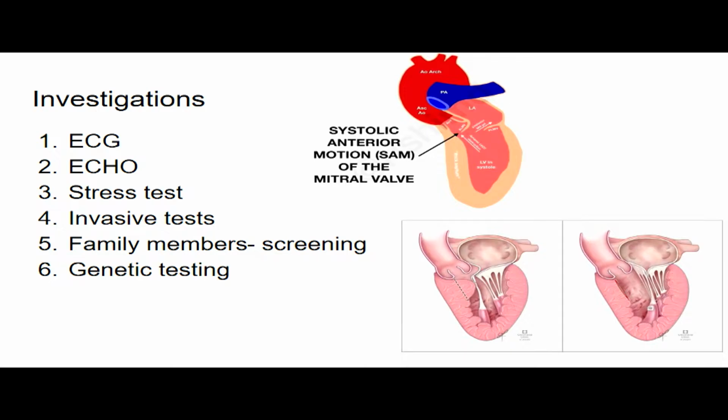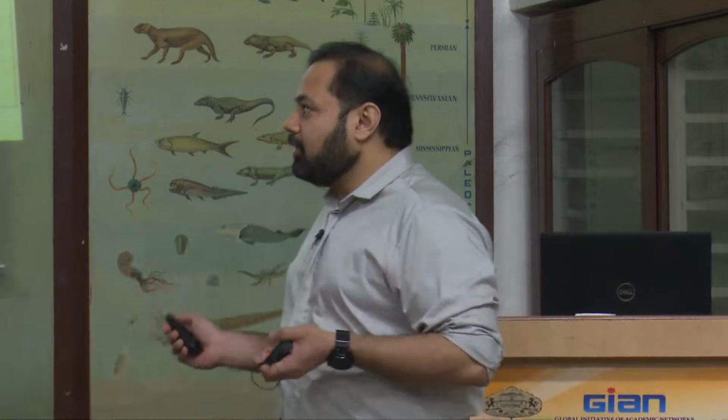After that, the aortic valve will open once the pressure in the LV cavity is more than the aortic pressure, approximately 120. We know our blood pressure is approximately 120 by 80, so the aortic pressure will be 120. Once, by contraction of these muscles, the actin-myosin filaments, the LV pressure is more than 120, the aortic valve will open and blood will enter the aorta. So, this is normal physiology.